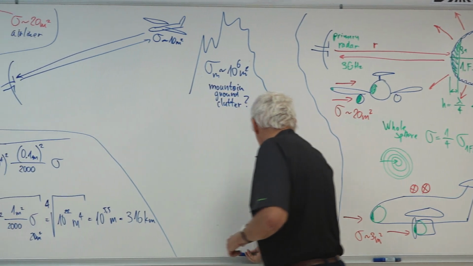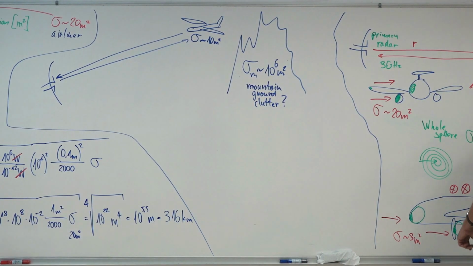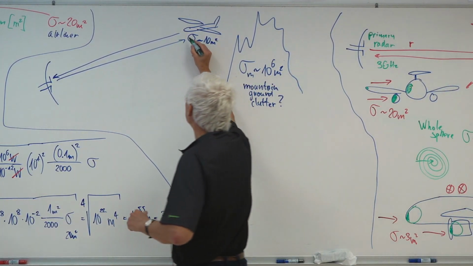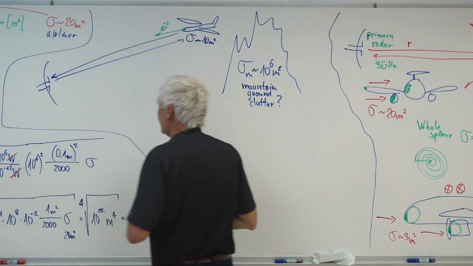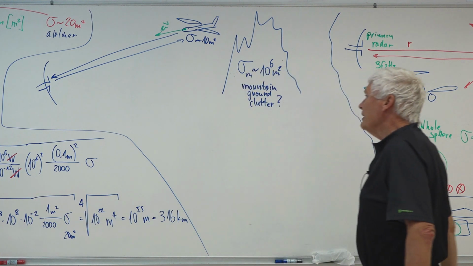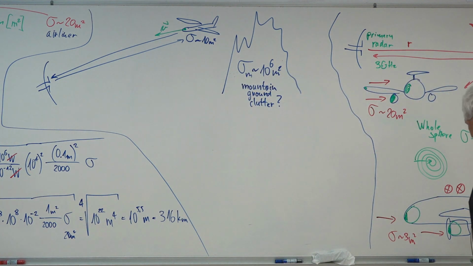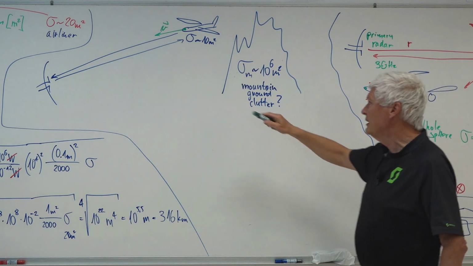If this aircraft has some speed, you actually get the Doppler shift, and this speed actually accounts twice.